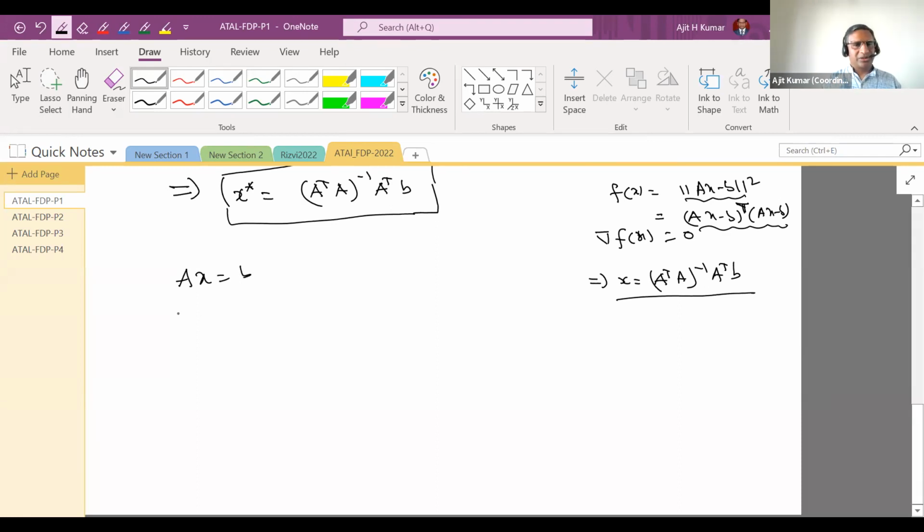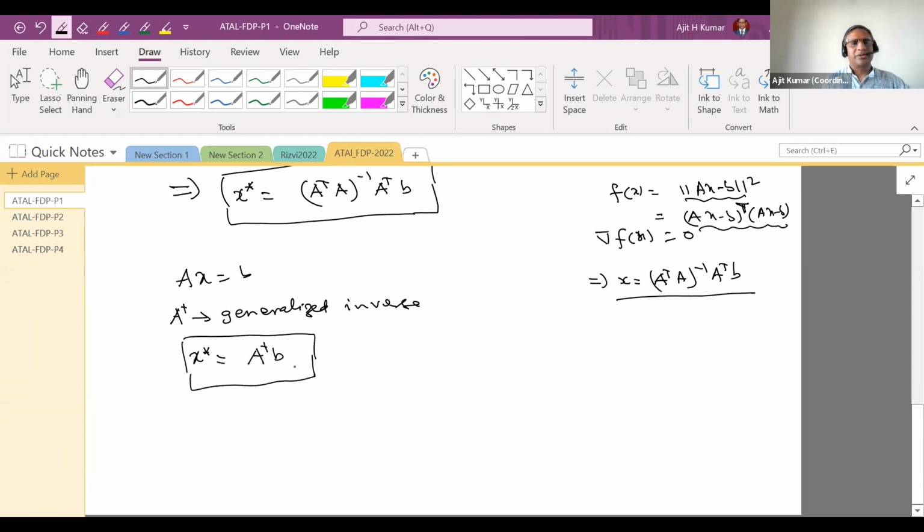You must have seen this. I'm not going to go into how to define these things, but we will look at this using singular value decomposition. It will be clear. If this is the generalized inverse, it turns out that X star, the least squares solution, is nothing but the generalized inverse of A times B.